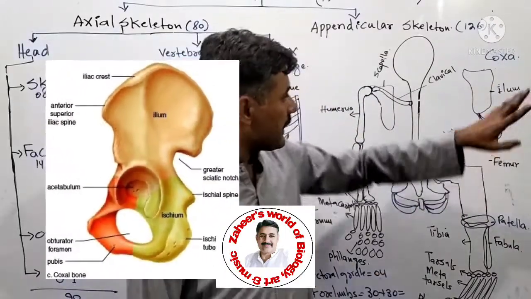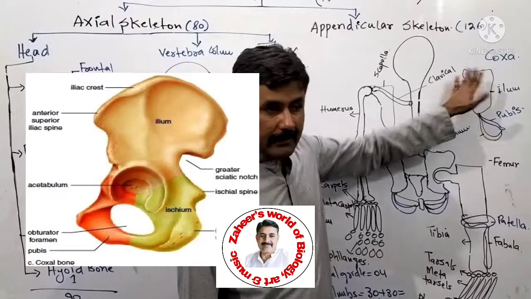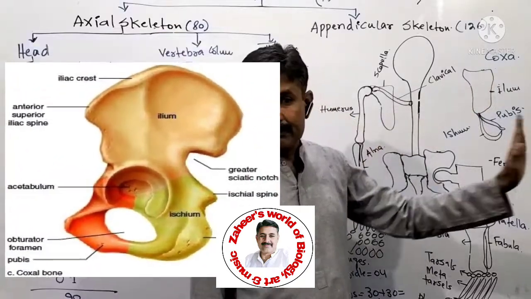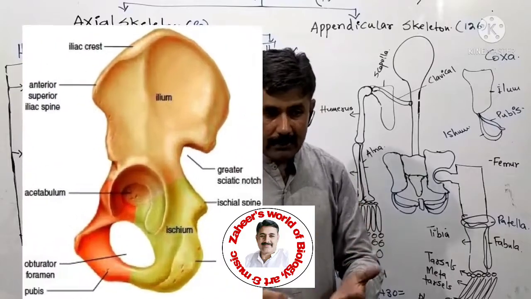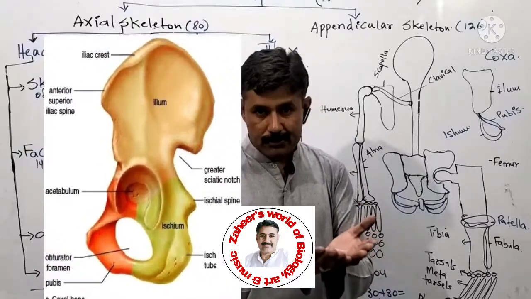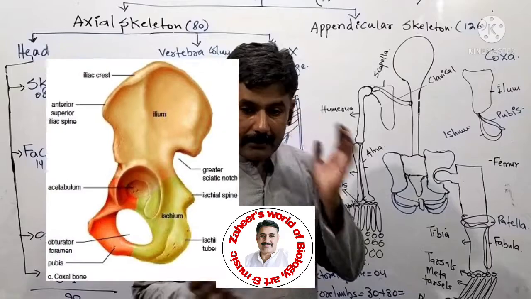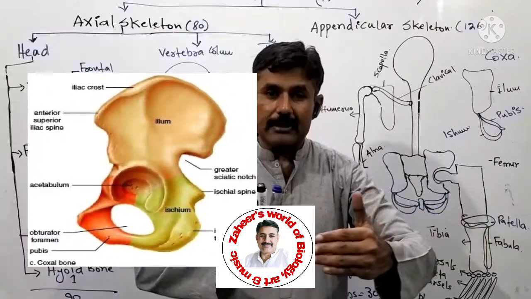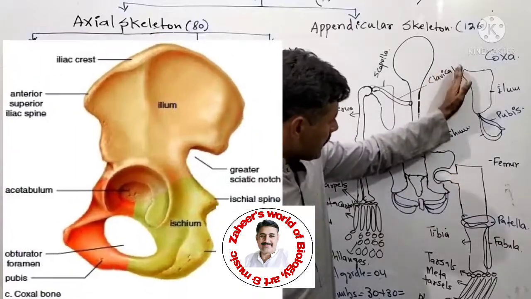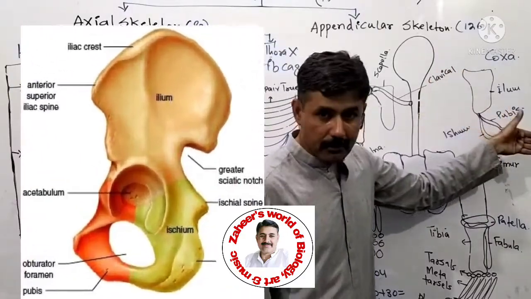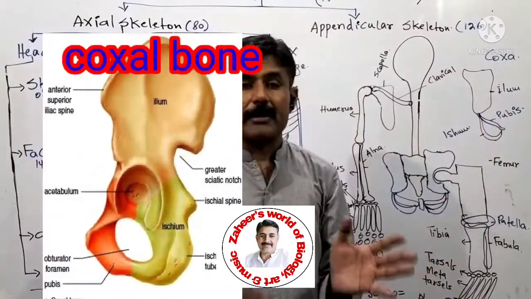It's a fusion of the ilium, which attaches to the sacrum. And there is another bone called the ischium, which is a bone that helps us to sit. And there is another bone that connects from the front side called the pubis bone. So on each side there is an ilium, an ischium and a pubis bone. These 3 combine to make one coxa.